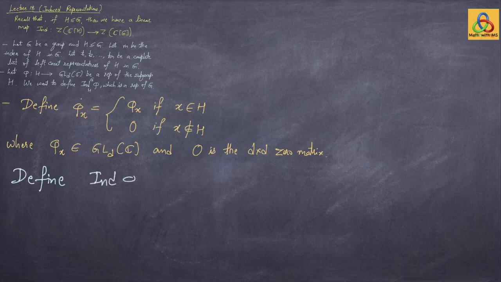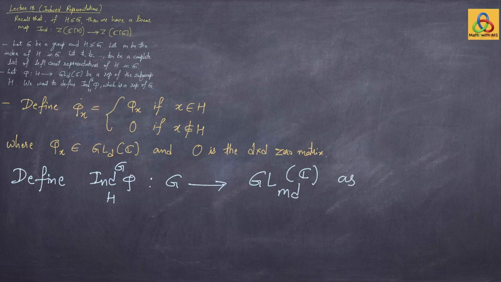Once we have this, define the induction of the representation phi from the subgroup H to the group G as a map from the group G to GL_{md}(C), the group of all md cross md invertible matrices over C, where m is the index of H in the group G and d is the rank or the degree of the given representation phi of the subgroup H. So define induction of phi from H to G as follows.